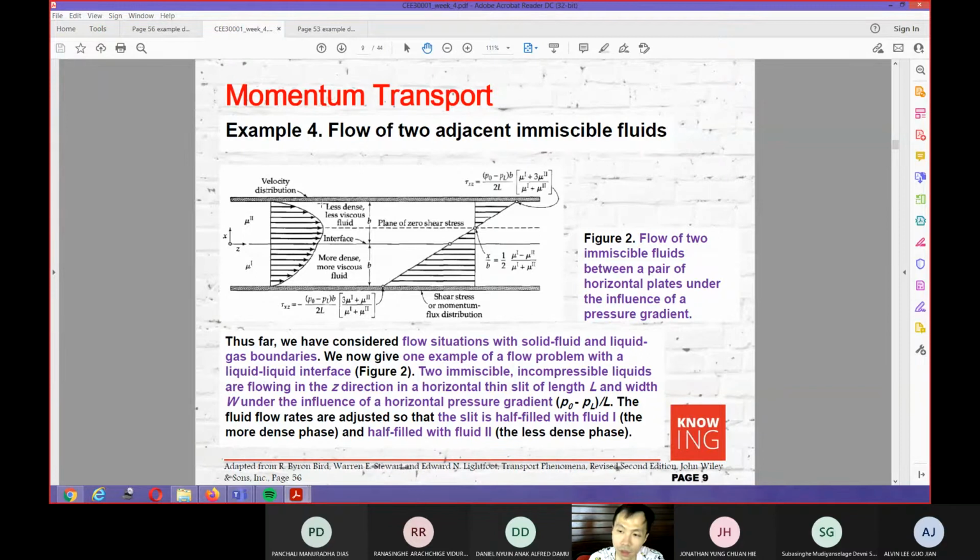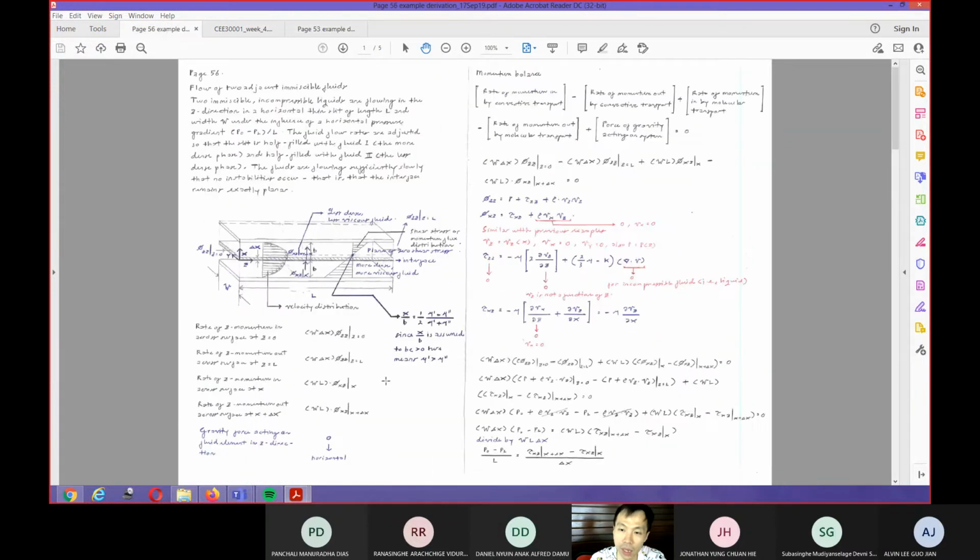So what do we do? We take shell elements. The shell elements will have the same shape as your system, but here we need to check the postulation. The postulation will be that the velocity in the z direction will be a function of x.